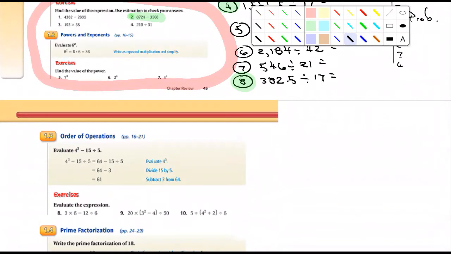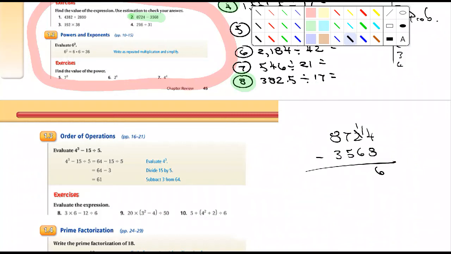So, number 2. I'm looking at 8,724, and it looks like we're subtracting 3,568, and so we can't take 8 from 4, so we have to borrow. The 2 becomes a 1, the 4 becomes a 14, and so 8 from 14, that's 6.